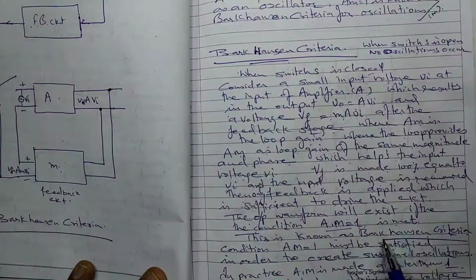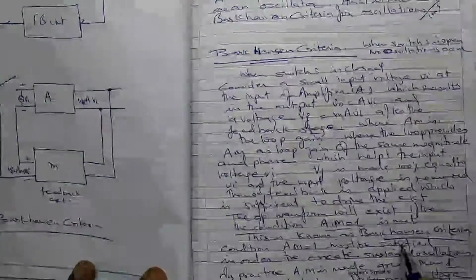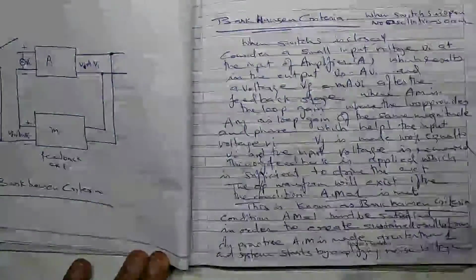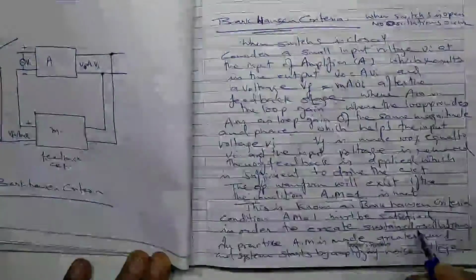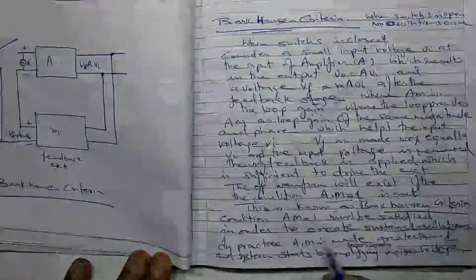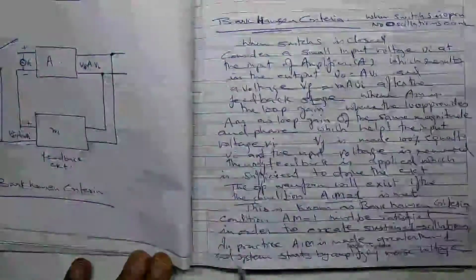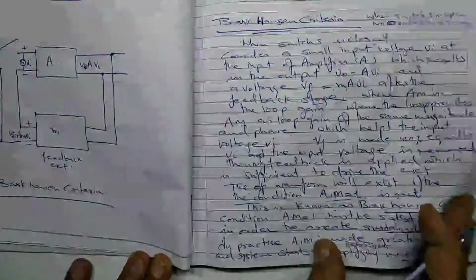The condition AM equal to 1 must be satisfied in order to create sustained oscillations, that means undamped or sustained oscillations. In practice, AM is made greater than 1 and the system starts by amplifying the noise voltage.